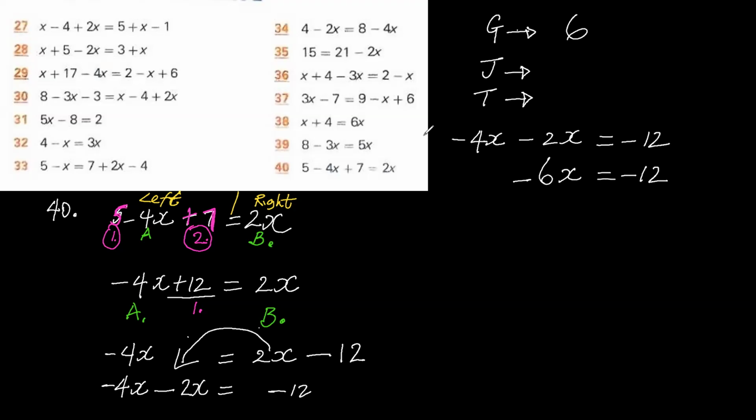Janicia, you have negative 6x equal to negative 12. What am I dividing by? 6. Janicia says 6. So is it positive 6 or negative 6, Janicia? Negative 6. So you're changing your answer.